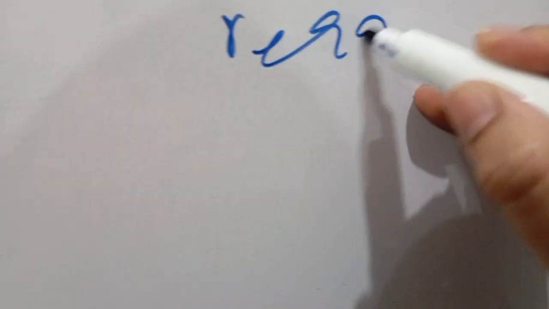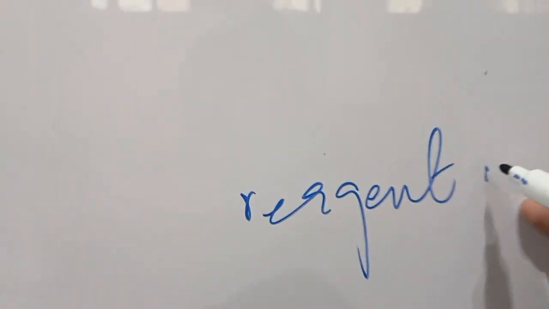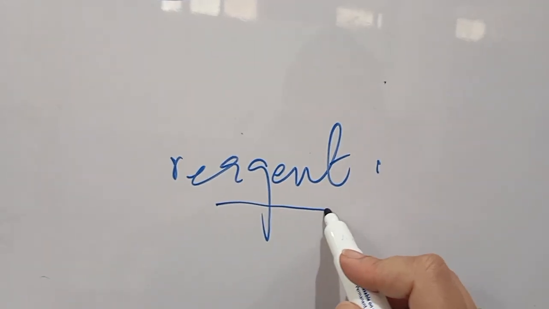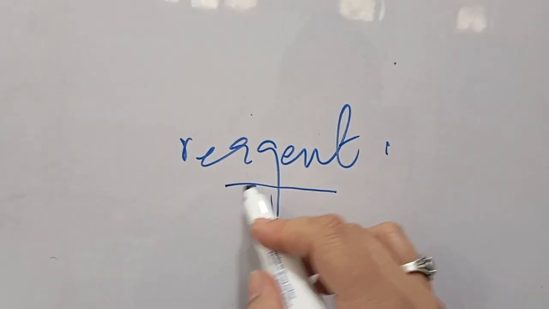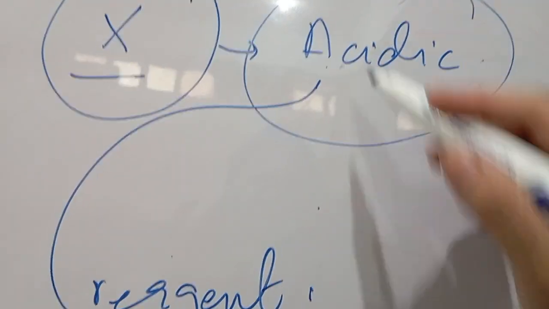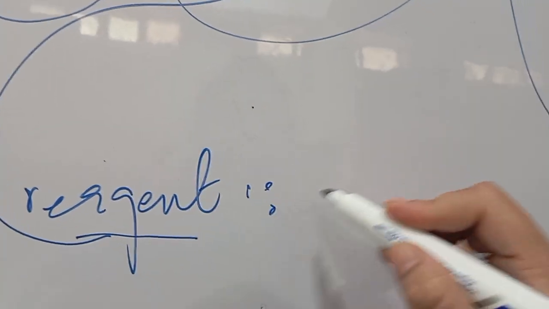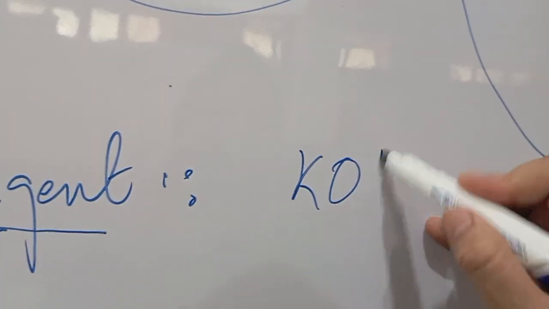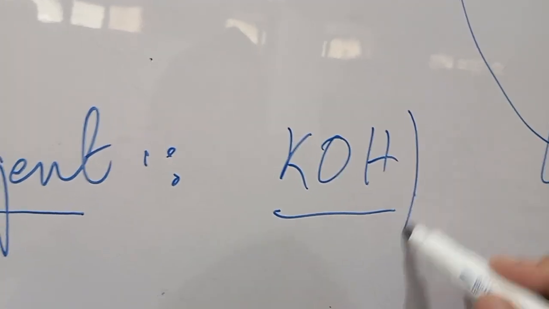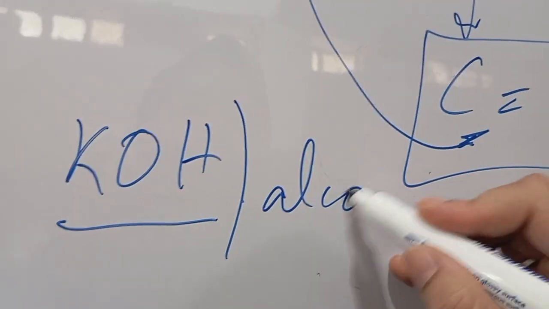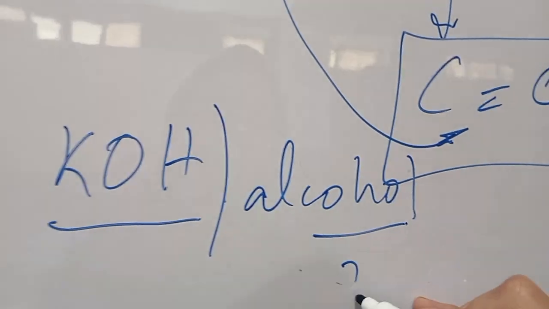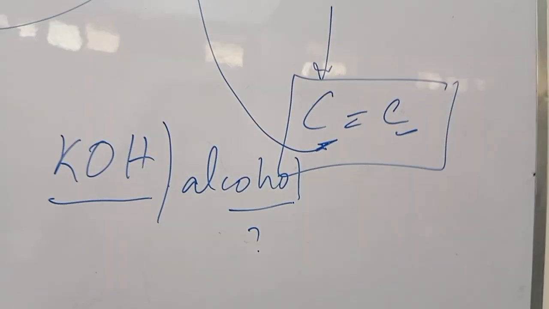It contains acidic properties, so the reagent we are going to use in this reaction must be a basic reagent. For this purpose we are going to use potassium hydroxide, and of course we are also going to use alcohol. Why do we need alcohol in this chemical reaction?